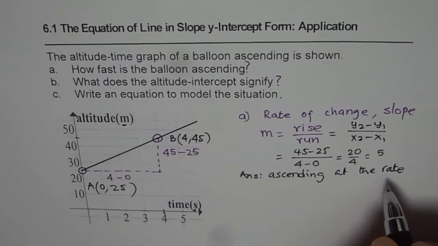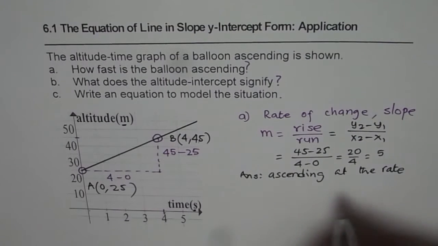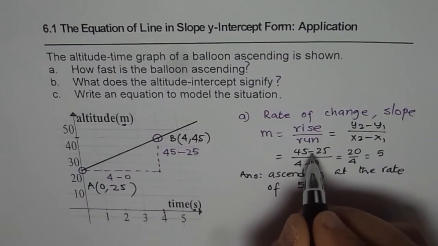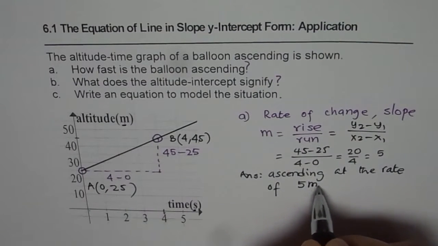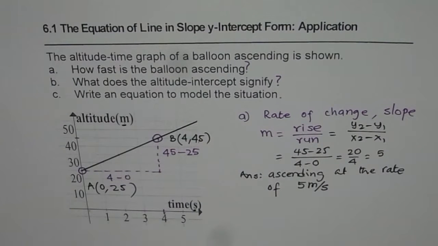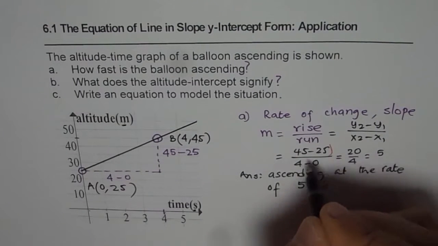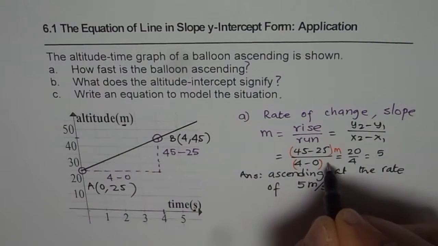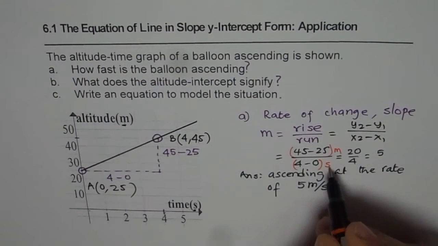Rate is a better word to use than slope. The numerator, 45 minus 25, is in meters, and the denominator, 4 minus 0, is in seconds. So the units are meters per second.